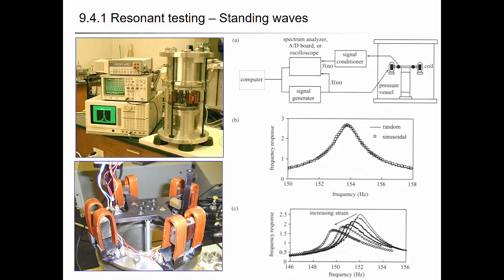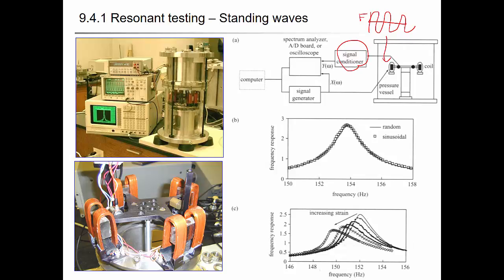Using the signal conditioning, you apply the sinusoidal wave, and the force is applied to this magnet, so that you're applying oscillating torsion to the top cap. And you measure the acceleration or the displacement using the proximeter.